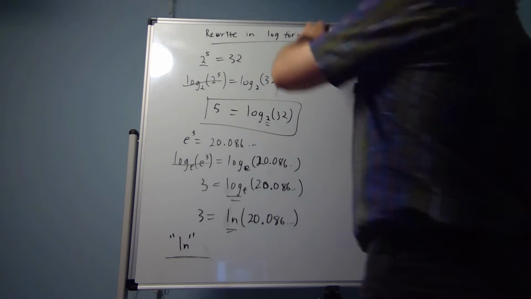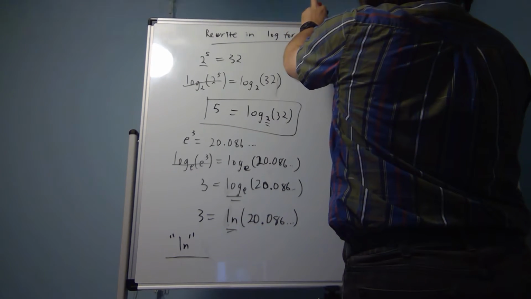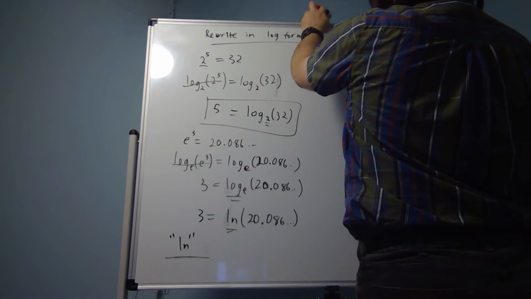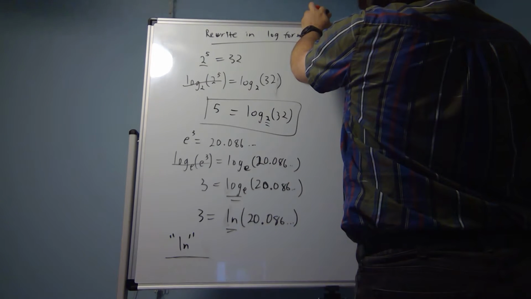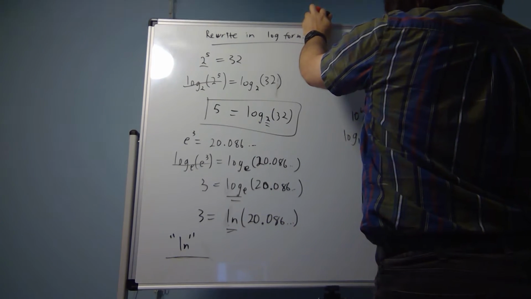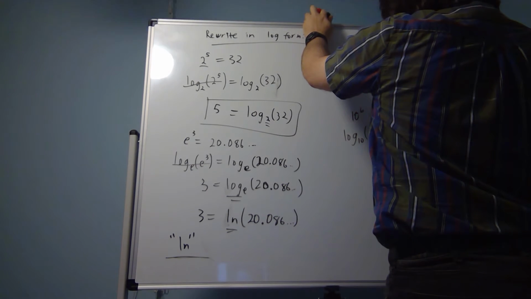All right, so one more here. 10 to the 6th is equal to 1 million, a 1 with 6 zeros. Oops, I forgot to leave room to write down the log base 10.